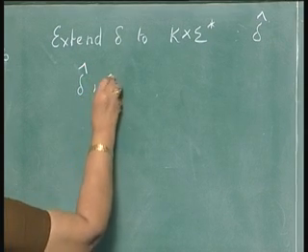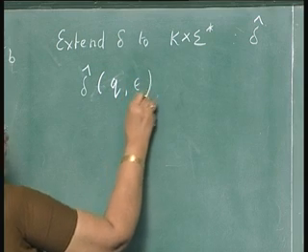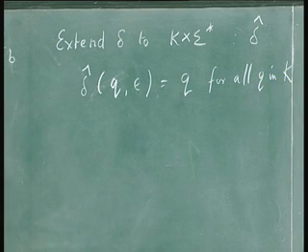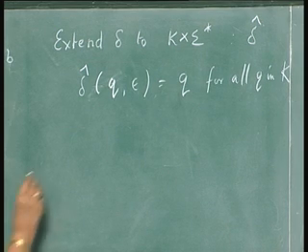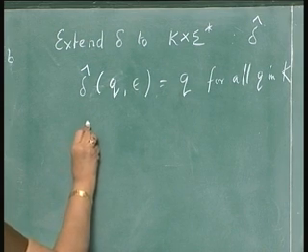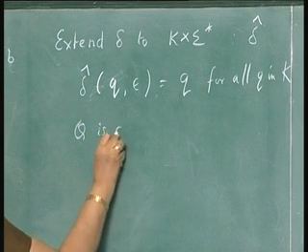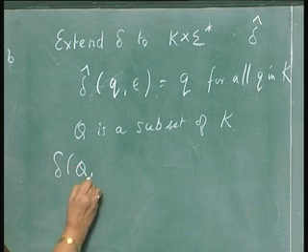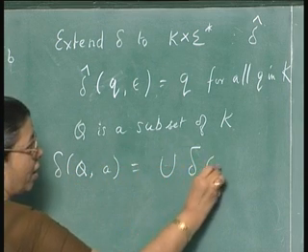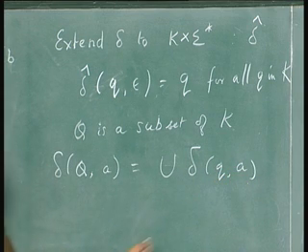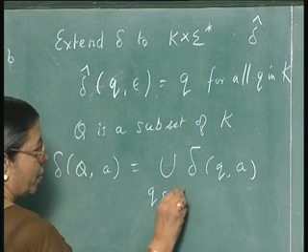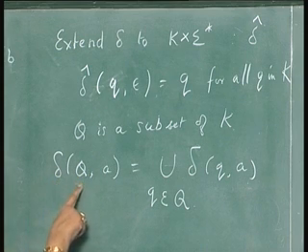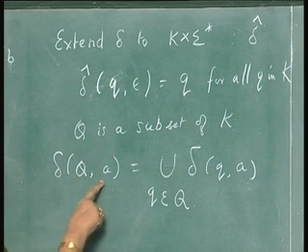So, delta cap of q and epsilon is q for all q in K, and we also extend that to subsets of K. So, if Q is a subset of K, delta of Q, a is the union of delta of q, a, q belongs to Q. So, you are extending the mapping to subsets of K, we need not use a different symbol because delta of q, a is the same.